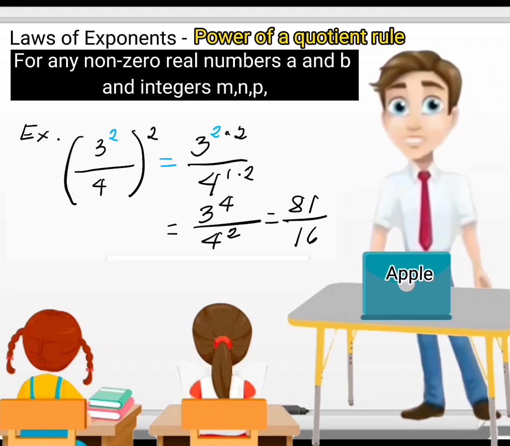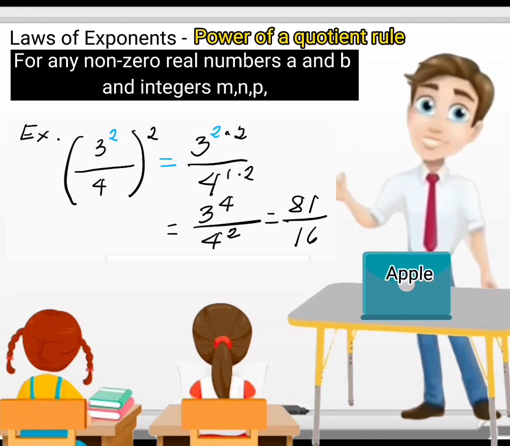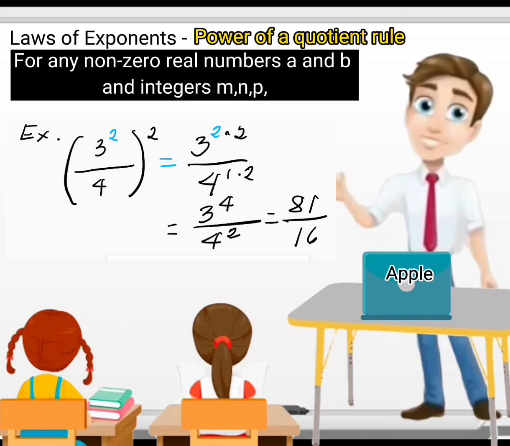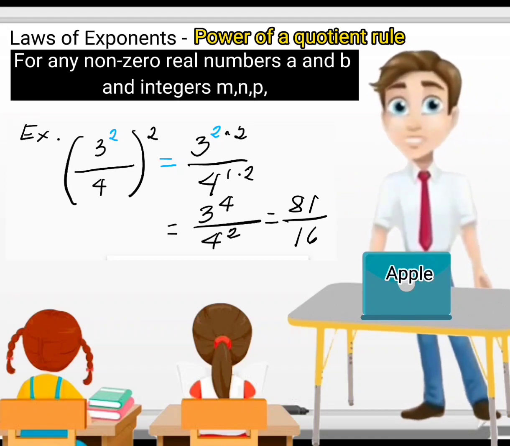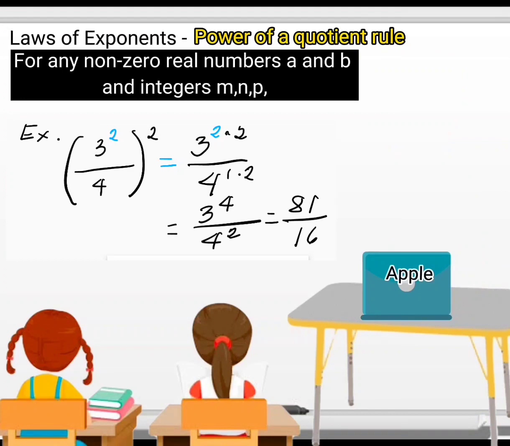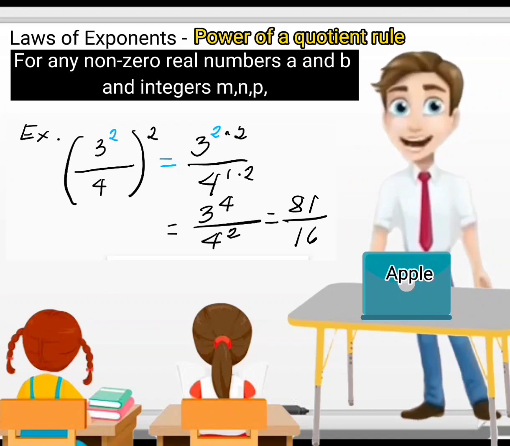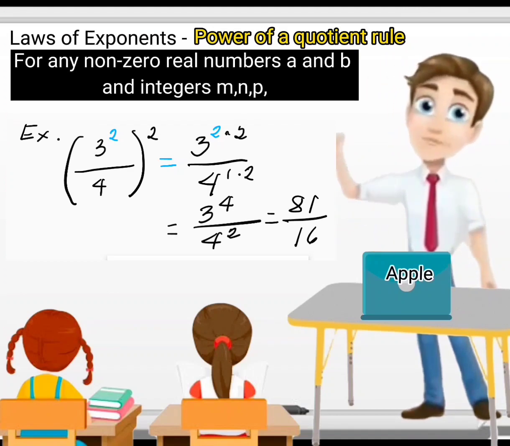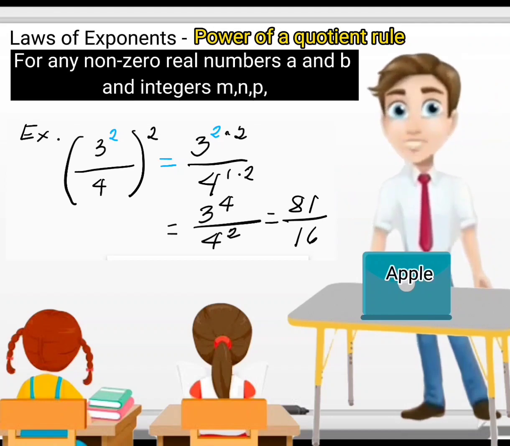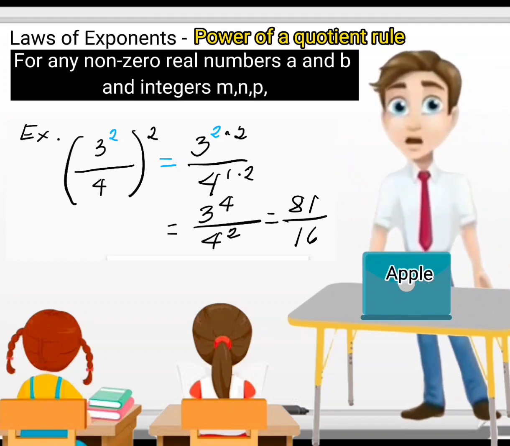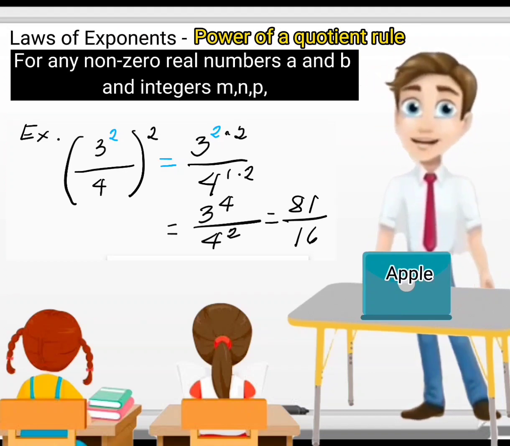So to illustrate the last law of exponent, which is the power of the quotient rule, we have our example this time: 3 raised to 2 all over 4, and it was raised to 2. So ang gagawin natin dito, we are going to distribute or multiply the exponent in the numerator to the outside exponent, which is also 2, so that is 2 times 2, and of course we're going to copy the base 3, and in the denominator our base is 4, and kapag wala tayong nakikitang exponent, automatic na exponent ay 1, so that will be 4 raised to 1 multiplied by 2.